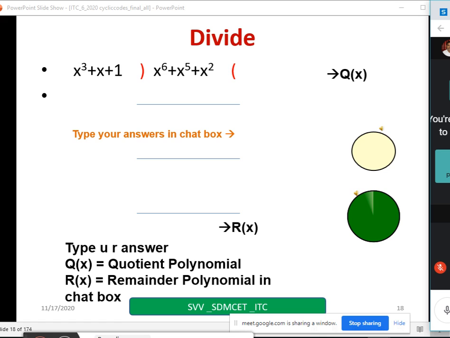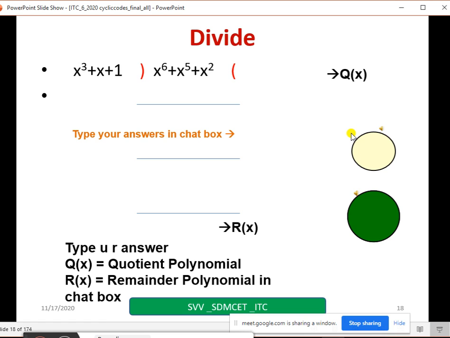Thank you, Shruti, Mali, Janavi. I think both answers are the same, Shruti and Janavi: Q equal to x cube, R equal to 0. Both of them got it. Let me check others' answers, and let me give another one minute for other students. Let them try.